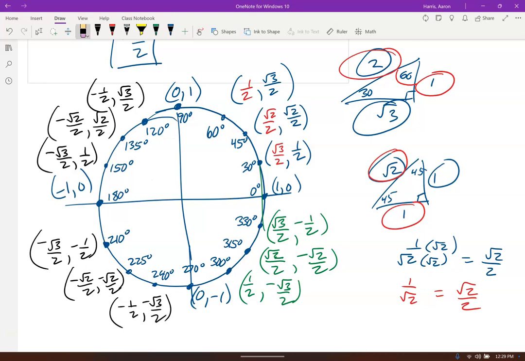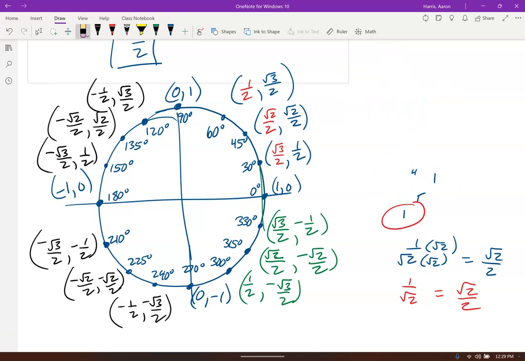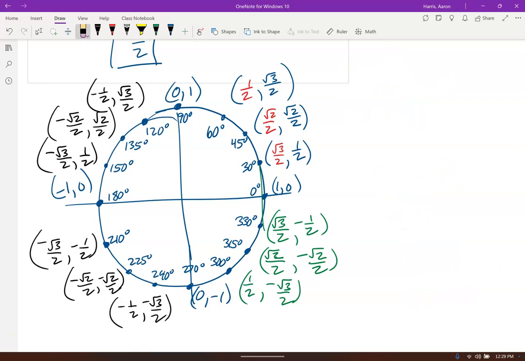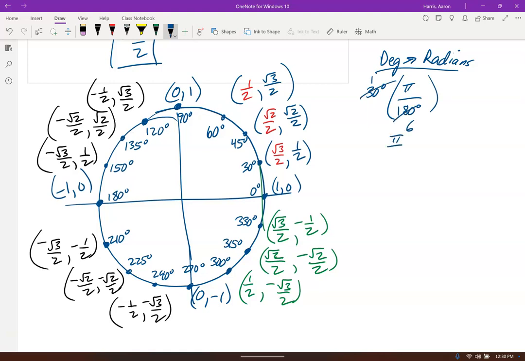I don't have my radians on here. All right, so you just got to now convert everything to radians. So if I'm going from degrees to radians, remember from last time we would take the degree and we multiply by pi radians over 180 degrees, and this gives you 1/6, so that's pi over 6.